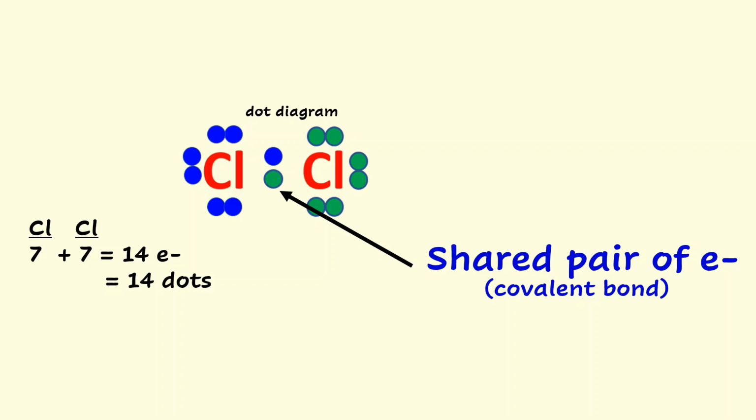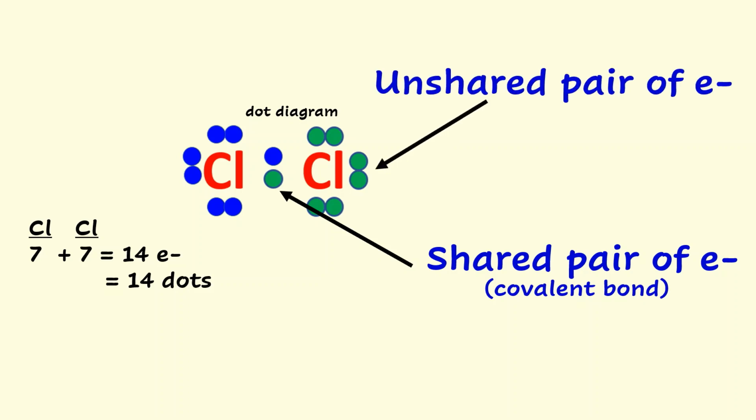In this example, we can see that there are additional electrons that are not involved in the covalent bond. We call those unshared pairs of electrons. The electrons are still paired up, but they're only being used by one chlorine, not by both. If we were to draw the Lewis structure, we could replace the shared pair of electrons with a dash to represent the shared pair.